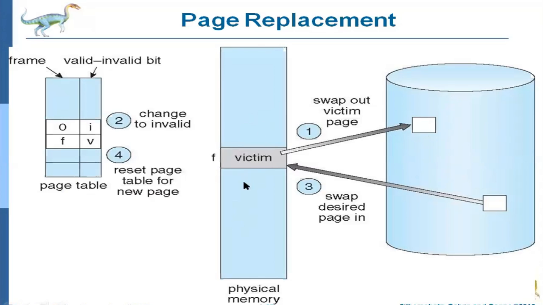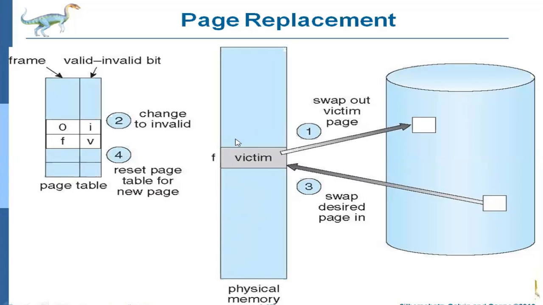Next, after getting that page, in the page table, see here, these are the frames, and these are the valid or invalid bits. So 0 means invalid, and where a frame is there, that is valid. Then what happens first? If the memory is full, or if the CPU wants to execute a process that requires one page, say the 0th page, that is invalid.